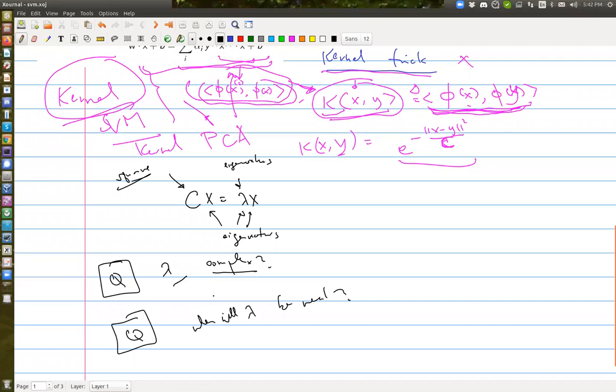Not necessarily, actually. By the way, the eigenvector you can make not real, because if you have x, even if the original x is real, and you multiply by i, this will be an eigenvector as well, because you have C(ix) equal to lambda(ix), right? This will still satisfy.